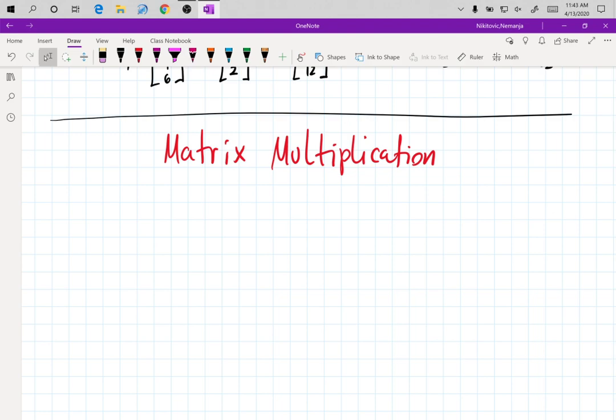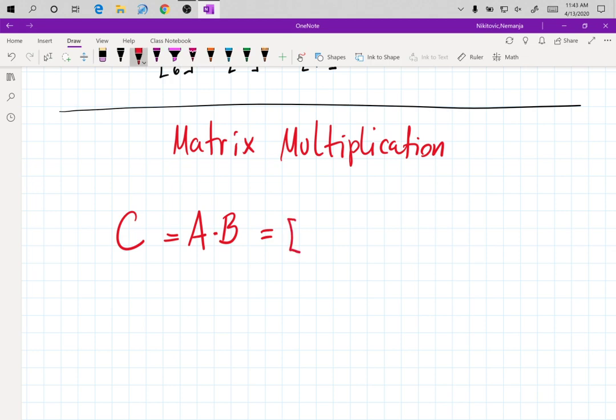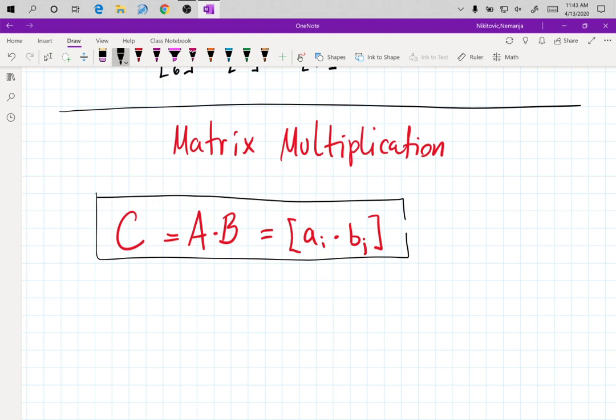There is a formula: matrix C, which is A times B, is simply the matrix of all of the A_i times B_j.